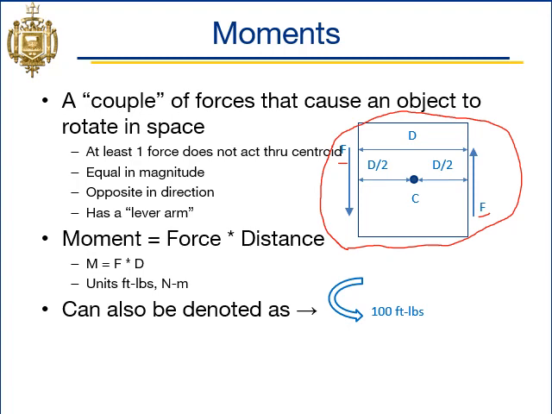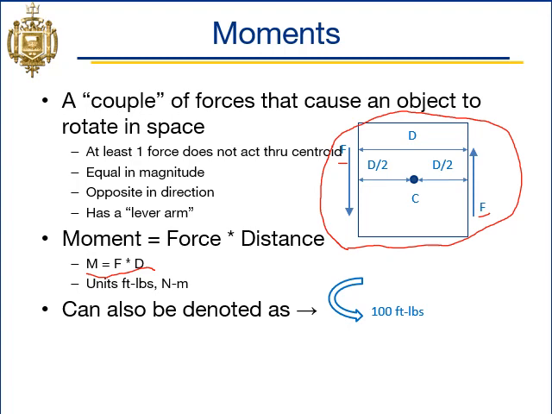A typical way to talk about moments is that there's a force acting over a lever arm. So the magnitude of a moment is going to equal a force times a distance. The units that we're going to typically see with moments are feet times pounds or newtons times meters.